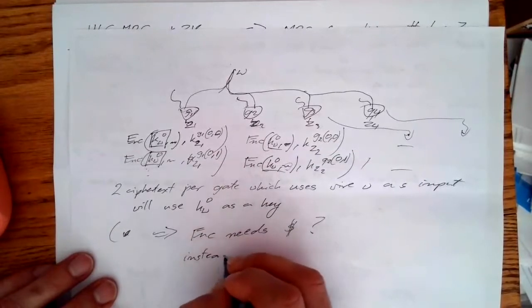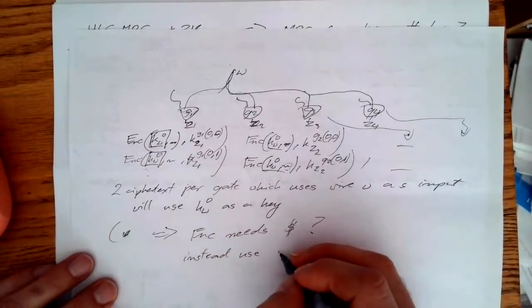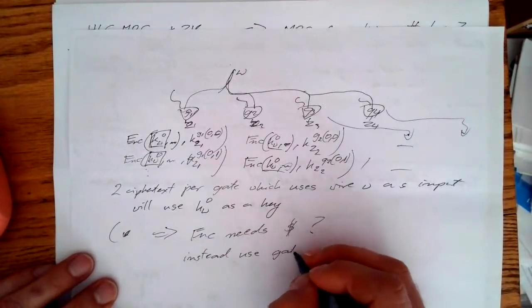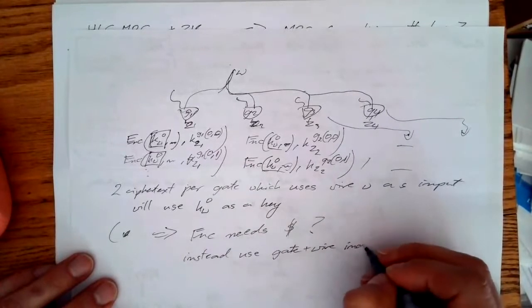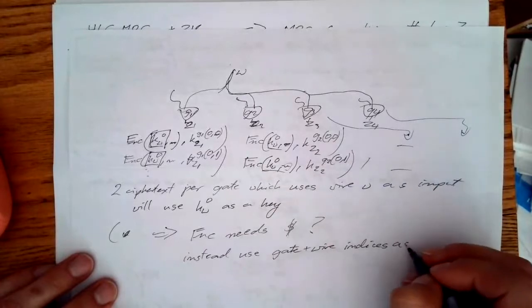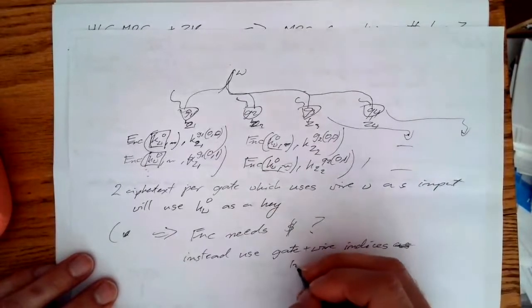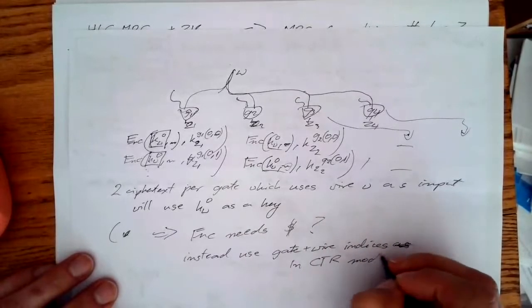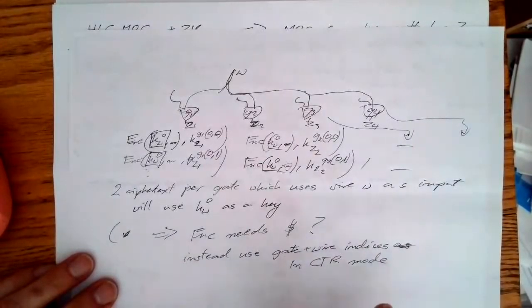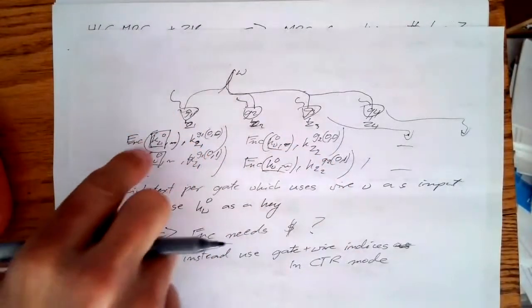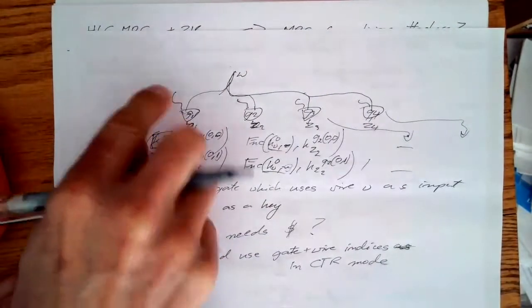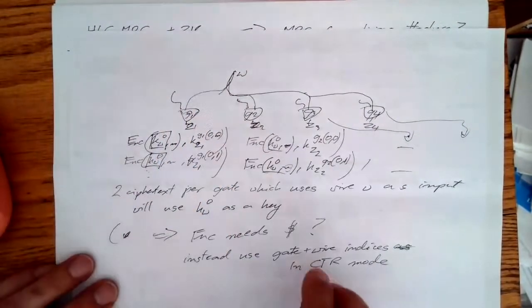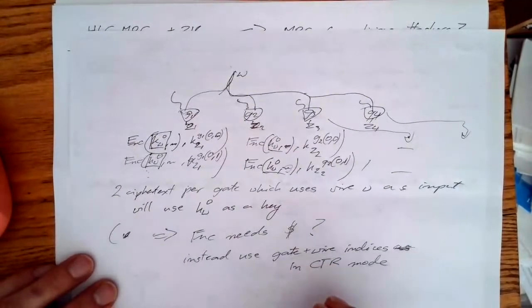Instead, use gate and wire indices as in CTR mode. So instead of randomness, basically, I have unique indices of these objects. I can use an index of this gate and a wire to derive a counter which is unique, and therefore I will avoid randomness, right?